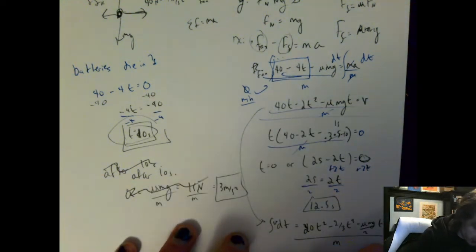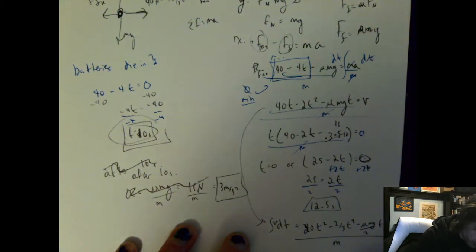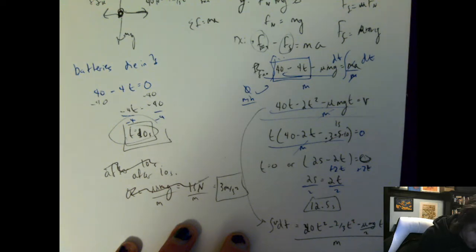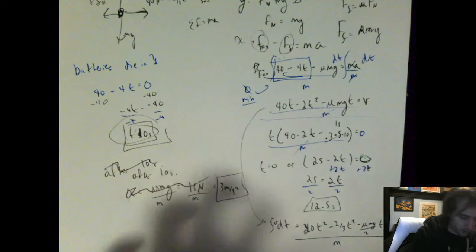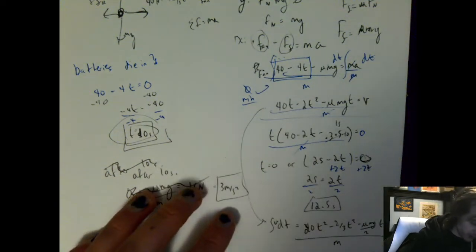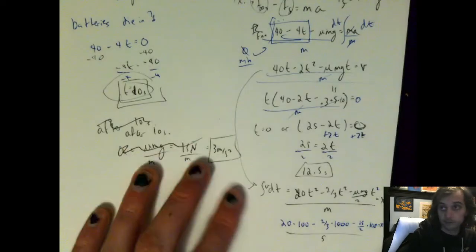Plugging in 10, we'll get 20 times 100 minus 2/3 times 1,000 minus 15 over 2 times, oops, that should be squared, times 100, and that'll equal our position, divided by our mass, which was 5.